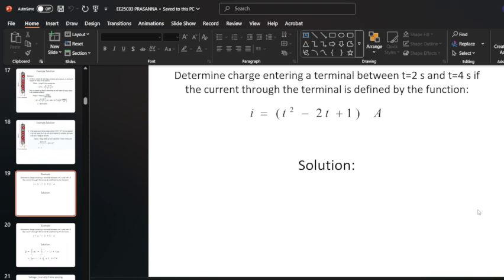Actually, what are the values given in that particular problem? In this problem, we want to determine the charge entering a terminal. How much charge will be entered? The time duration is given from t equal to 2 seconds to 4 seconds.